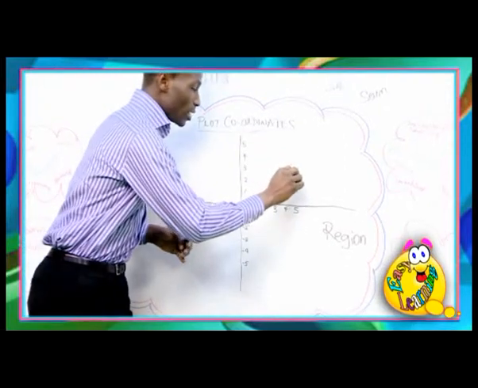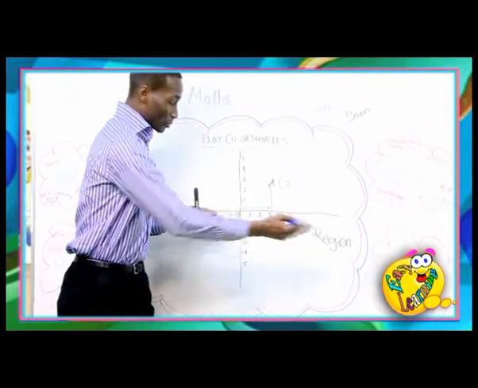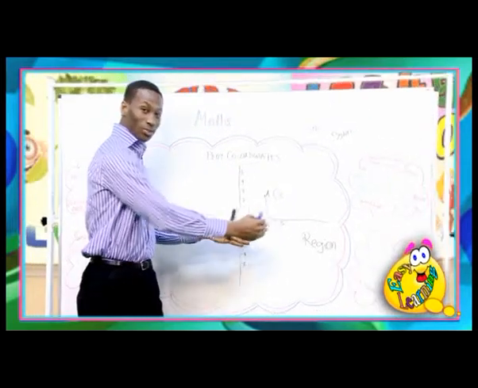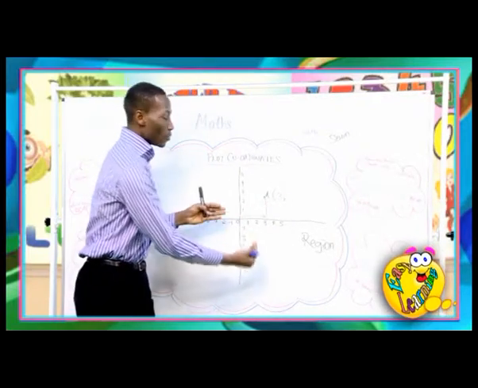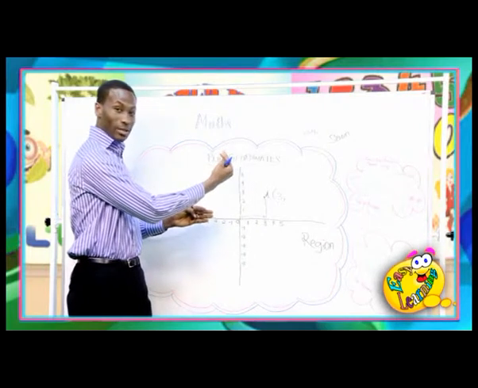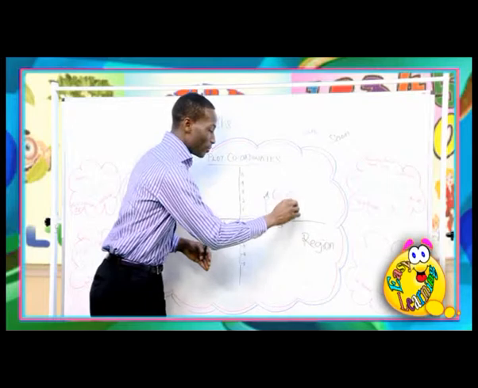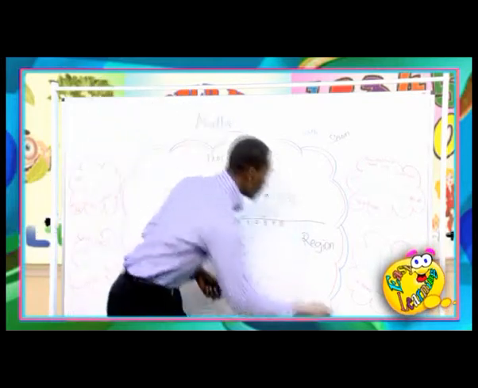I moved 3 first towards my right. See, I moved 3 in this direction. Your right is always positive. I moved 3, and we'll put a comma there. And I moved 3 meters up, or 3 steps up. 3, 3.